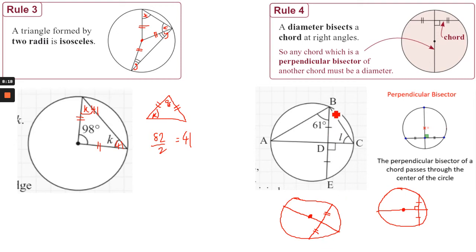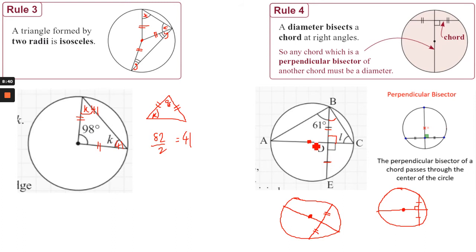So you've got a chord BE. It's split in half. Okay, it's a perpendicular bisector. So you know that this must be a diameter. Now, therefore, what you can say is, well, we're trying to work out this angle here. Well, if that's 90, that must be 90. Now, I need to work out this smaller angle here.